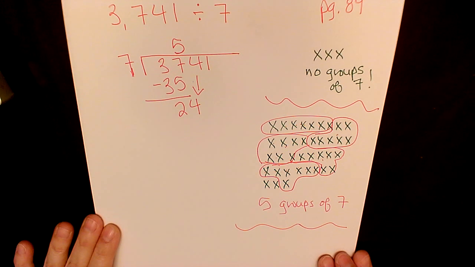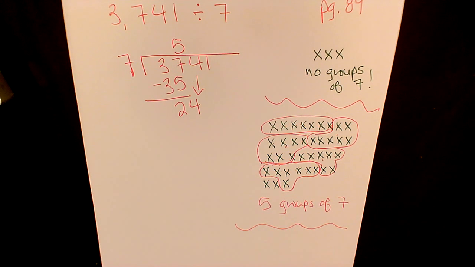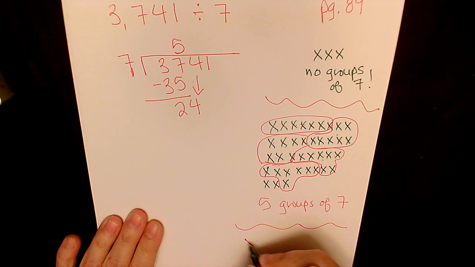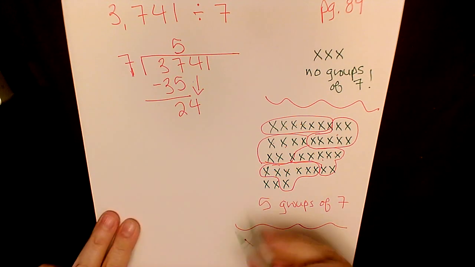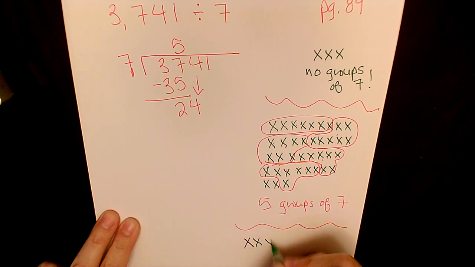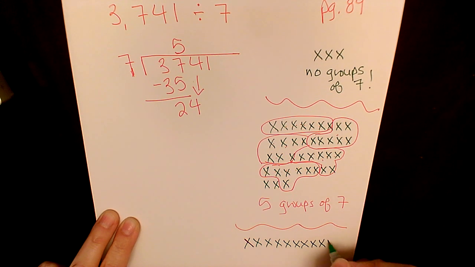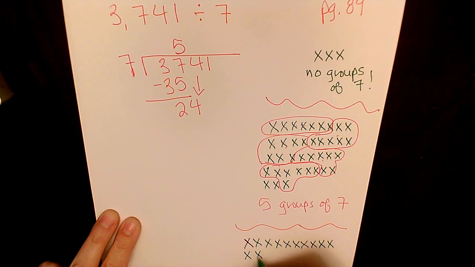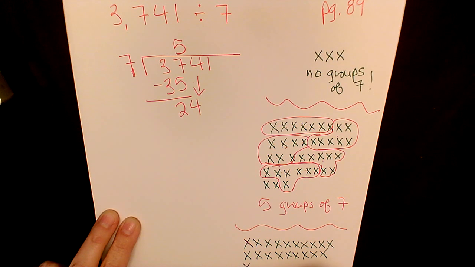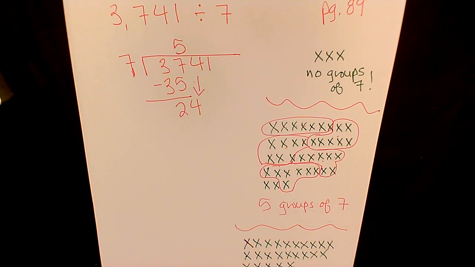Good so far? So how many 7s will go into 24? How many groups of 7? So let's see. Whoops, I need to be green here. I'll draw 24 X's.